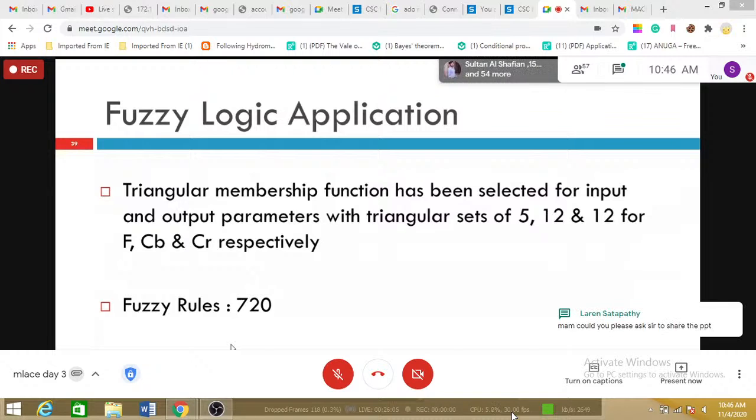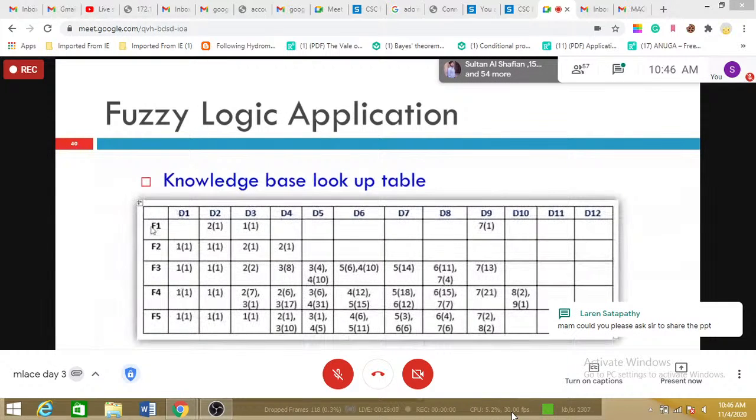So let me explain to you. Now, these are the flows which are on the left-hand side vertical column. Flows 1, 2, 3, 4, 5: different flow conditions as per those 5 triangles. The second input is my discharge. 1 to 12 discharge conditions I have there.